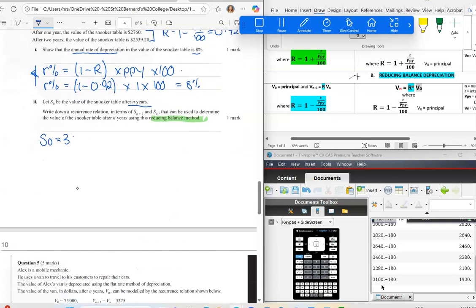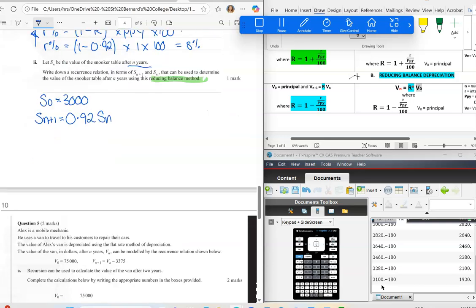It was 3,000. Then we've got to write an n+1 rule, which has R, which we already worked out was 0.92, and we times by, oh, not Vn, they want Sn. Sometimes they just change the letter, but we often talk about V for value.